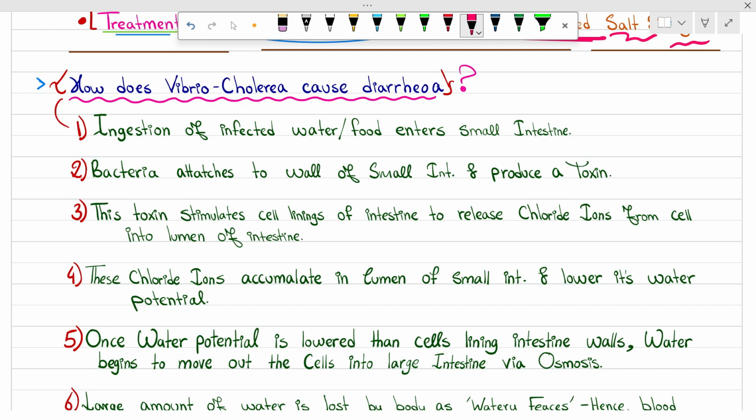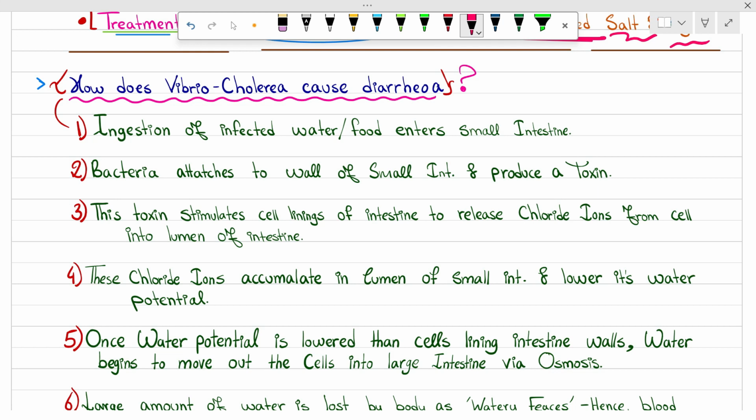These chloride ions accumulate in the lumen and lower its water potential. When we hear the term water potential, we know we're referring to osmosis, because since the water potential is lowered, water begins to move out of the cells into the large intestine via osmosis. So again, the bacteria produced a toxin, which released chloride ions.